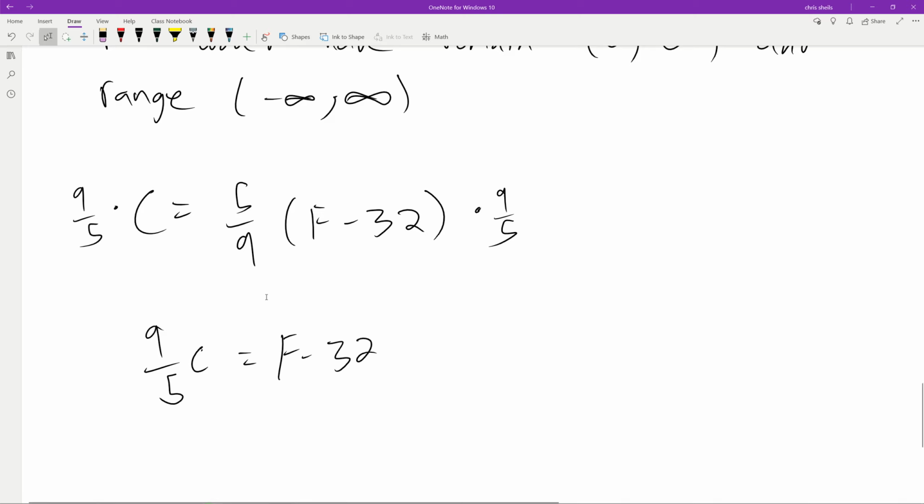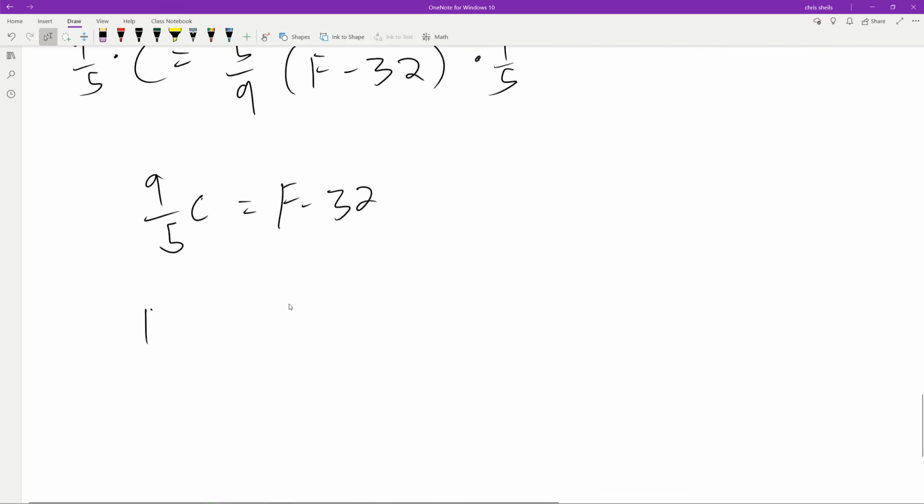And then I add 32 to both sides, and I get F is equal to 9/5 C plus 32. So this is a function for converting Celsius to Fahrenheit in general. And this is an inverse function of the original function that we found here.